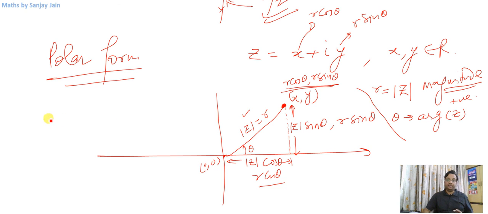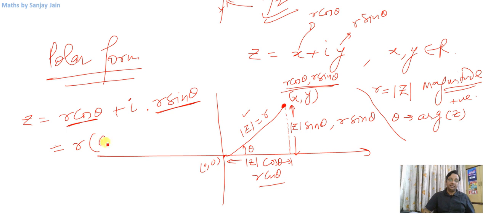I can write this in polar form like this: z will be equal to r cos theta plus iota into r sine theta. I have replaced x with r cos theta and y with r sine theta, so I can write it as r into cos theta plus iota sine theta.